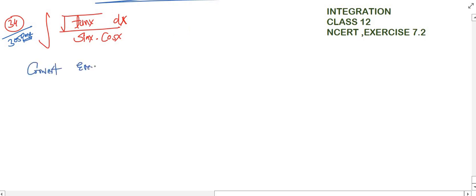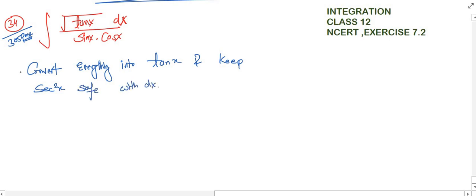Write down: convert everything into tan x and keep sec square x safe with dx. Usually this will work. If there are so many sine, cos, tan, cot going on, convert everything into tan and try to keep one sec square safely. 99% it will work.